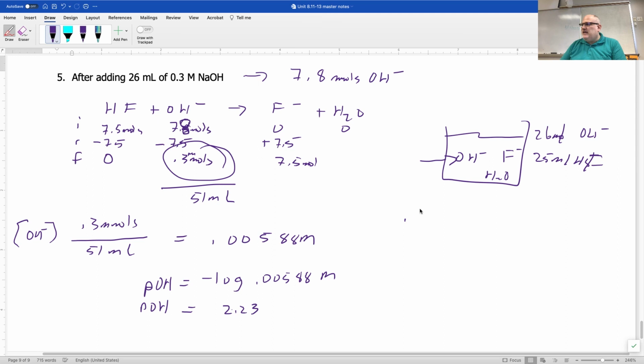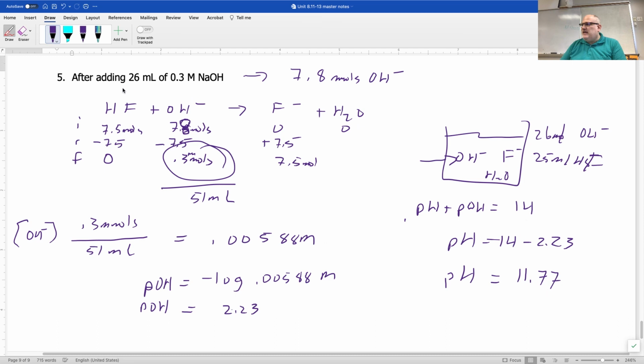Just a reminder, pH plus pOH equals 14. So wouldn't I take my 14 and subtract 2.23 to get to my pH? And when I do that, my new pH is equal to 11.77.